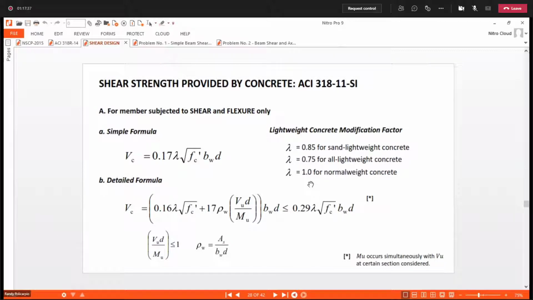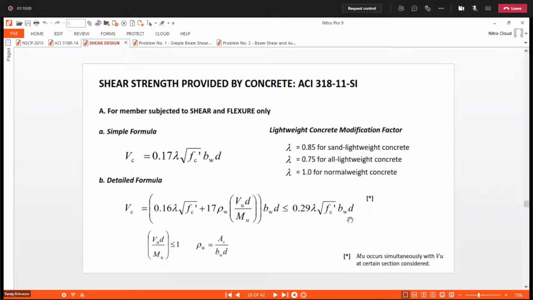So these are our two formulas. This is the detailed one, and this is the simple formula. There is a condition on the detailed one: once you use it, it should be equal or less than this quantity.